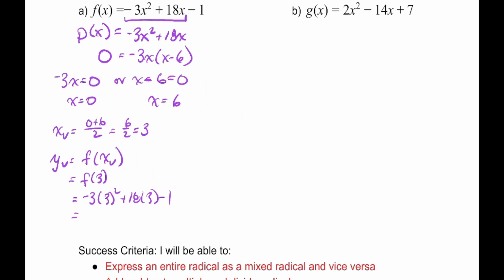Well, minus 3 times 3 squared, which is 9, so minus 3 times 9 is a minus 27. 18 times 3 is 54, minus 1. So minus 27 plus 54 is 27, minus 1 is 26. So therefore, the vertex is at 3, 26.